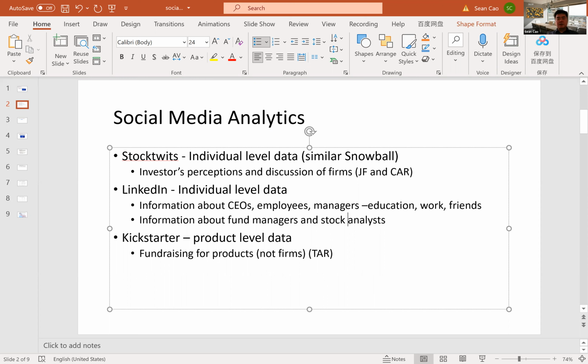So this is the information about LinkedIn. You can get information about corporate CEOs, employees, managers, and middle-level managers. You can use that to help predict firm performance. And you can also get information about founder managers and stock analysts. You can use that to predict fund performance and analyst accuracy.